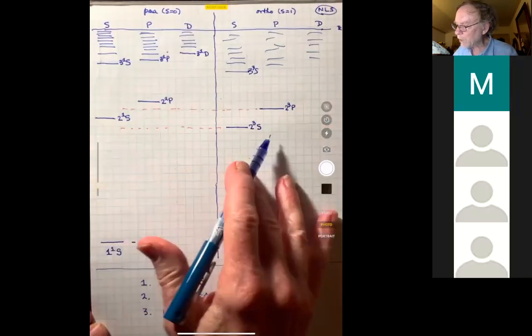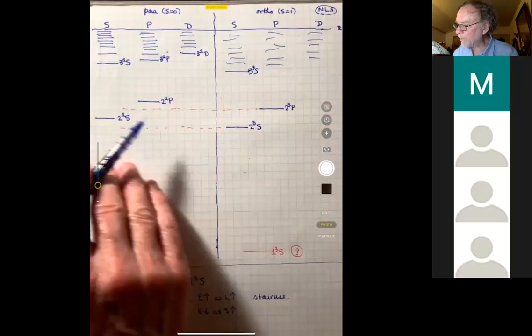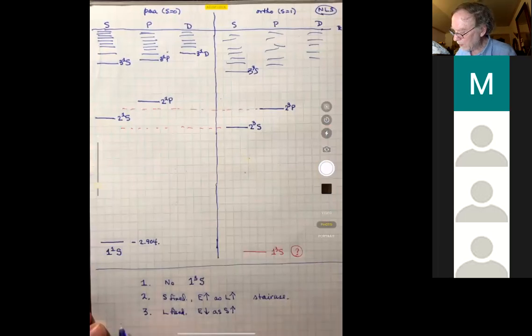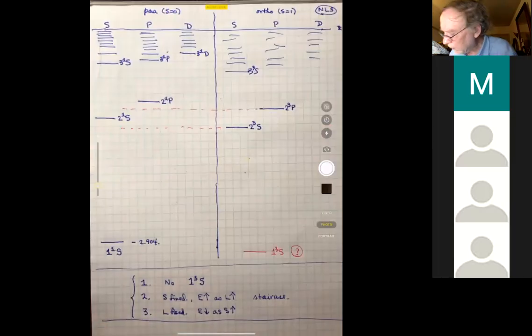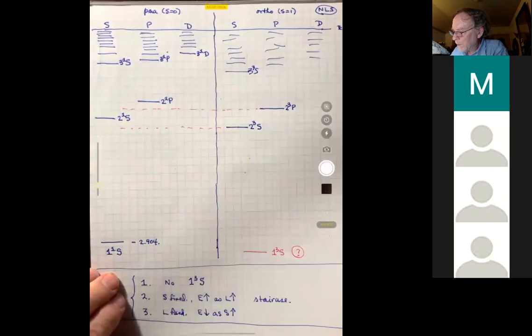Spin can only go from 0 to 1, so energies go down if you do this. So these are 3 qualitative features of the helium spectrum, which not tonight, but at some point we will obtain insight into by means of perturbation theory. All right, so that's the helium spectrum. That's the basics of it.